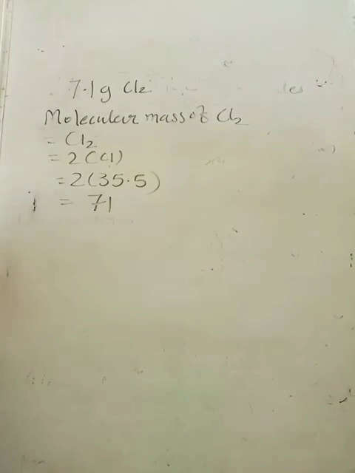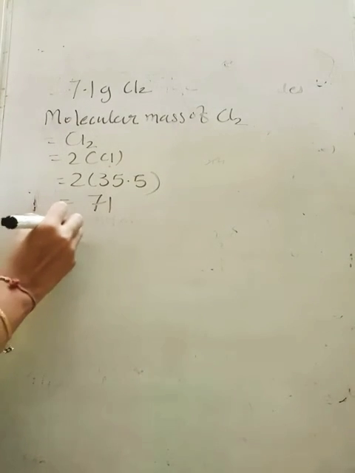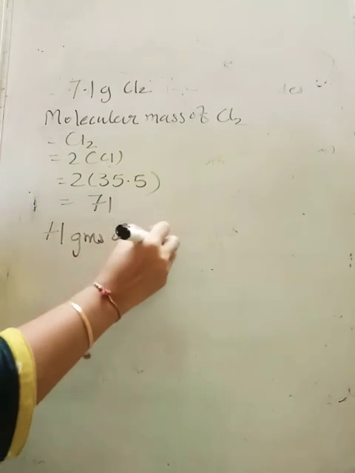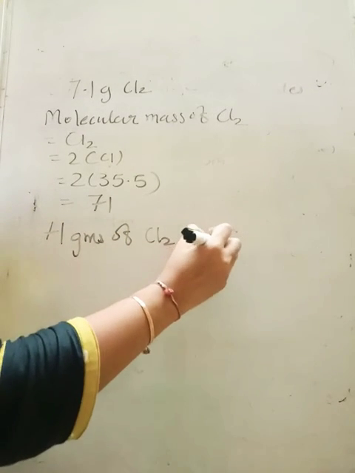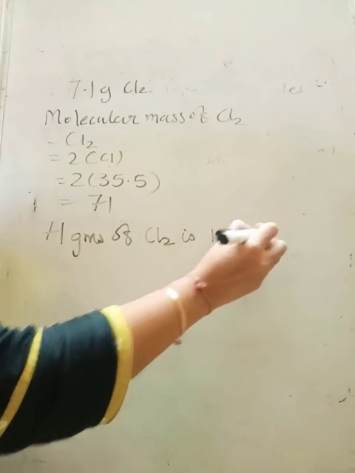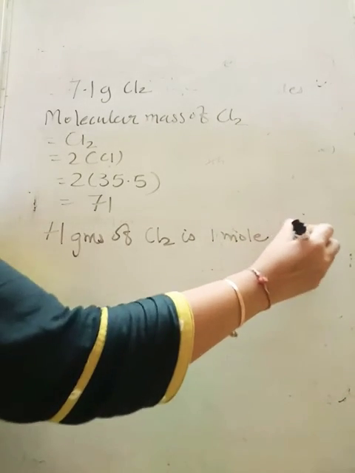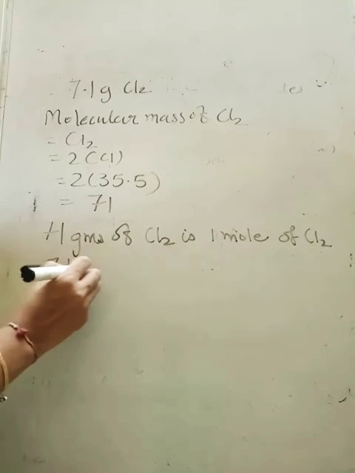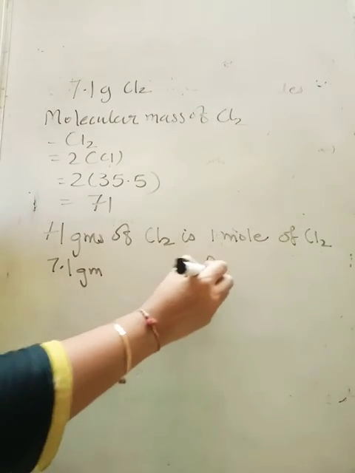So what does it mean? 71 grams of chlorine is 1 mole of chlorine. But how much are you having? 7.1 grams. That is equal to how much?